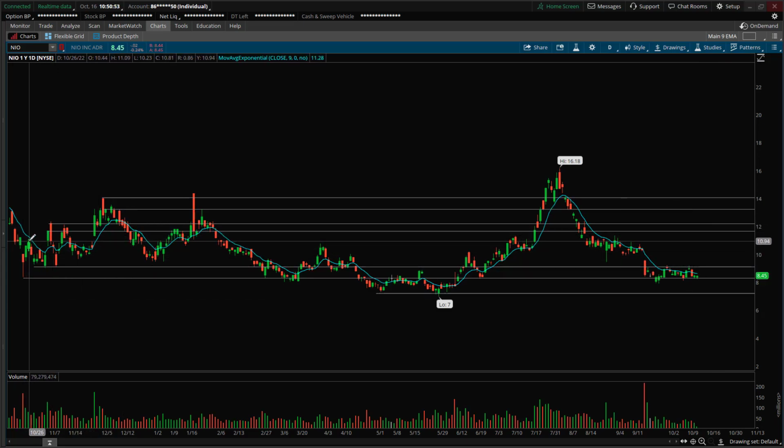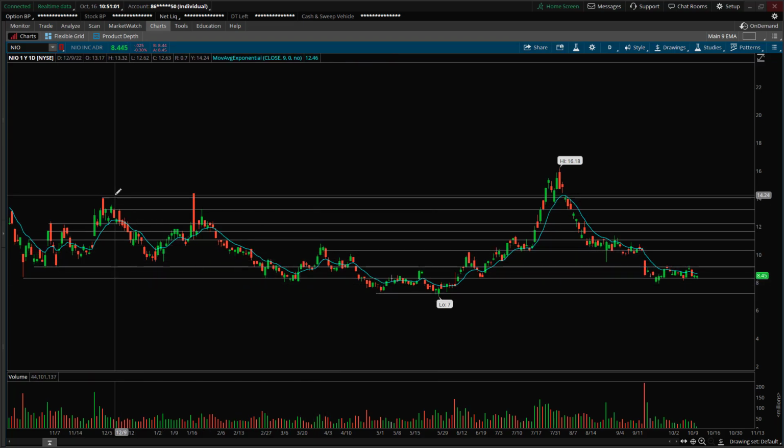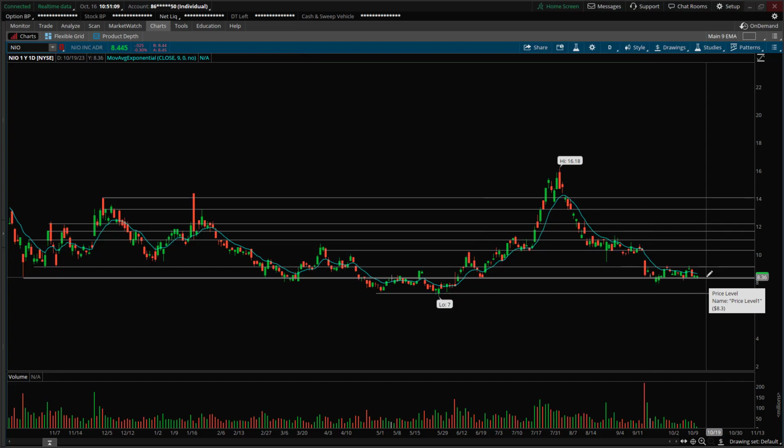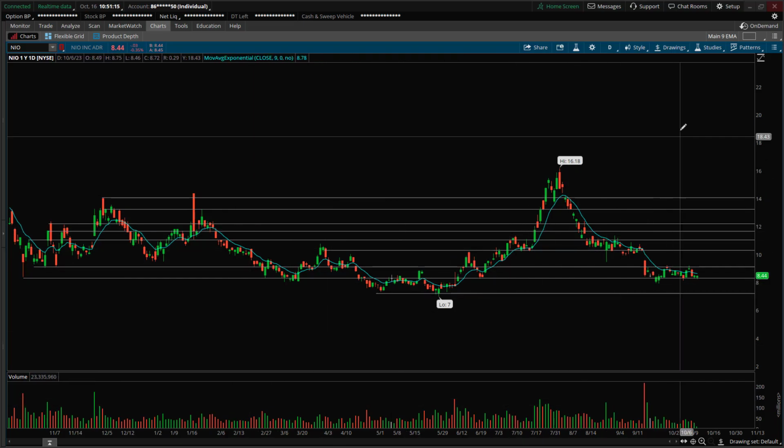Sometimes you zoom in a little bit closer, and looking in between, it gives you a zone. And you can see what's happening right now with price. It's at a support level, right? So you see how these lines go out to the future.